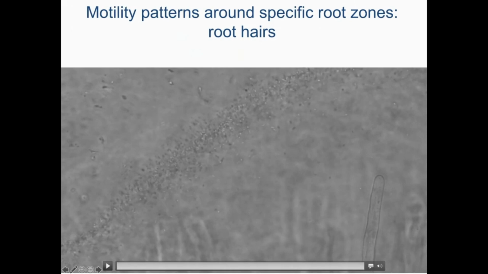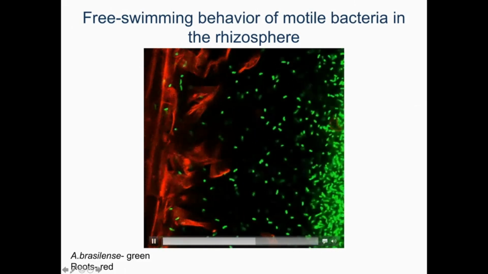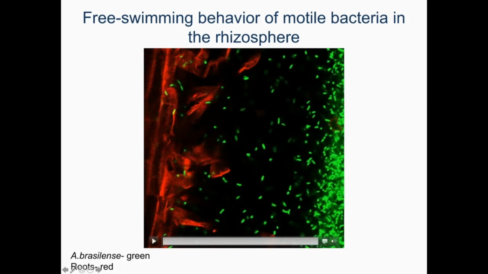So that was an earlier observation, but we also did this by looking at cells that were fluorescently labeled, here in green. And as you can see here, this is a time lapse. You can see that, again, cells form some kind of a dense band away from the root hair, and that cells in the middle are able to move freely.